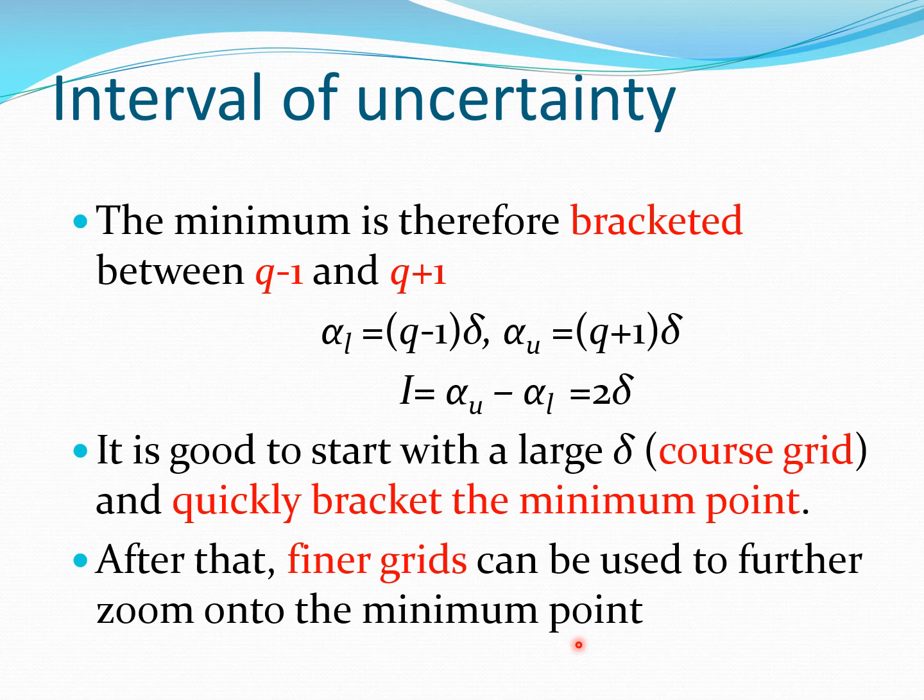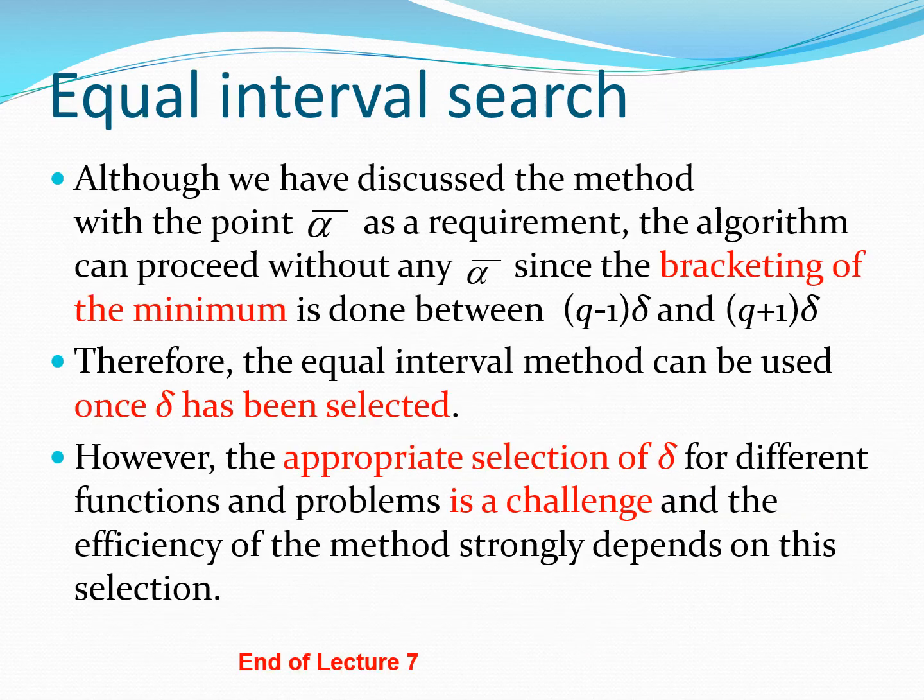So essentially you loop across this particular concept and you keep going further and further down into the minimum point. So you can see that this particular procedure is relatively easy to program on a computer, and you can easily write a computer code for it. Now we have discussed the method with the point alpha bar as a requirement, but you really don't need any of these alpha bars here, which is, if you remember, alpha bar was the end point between 0 and alpha bar where alpha was taken.